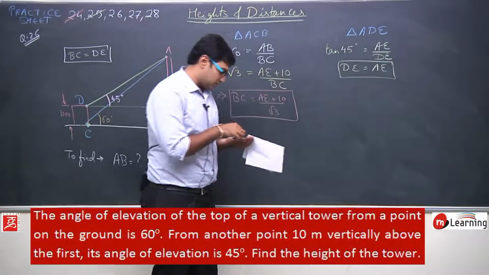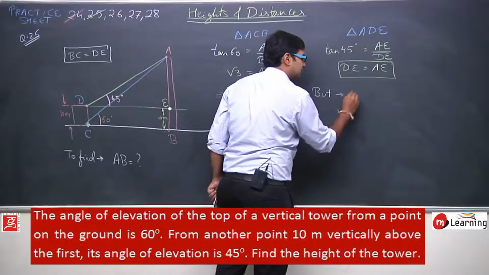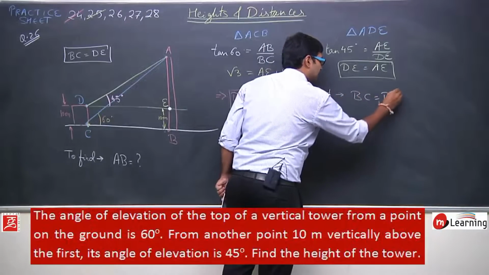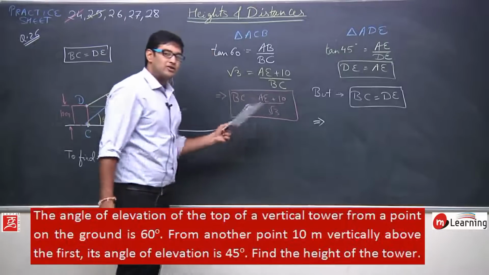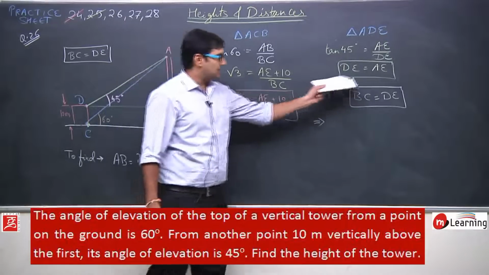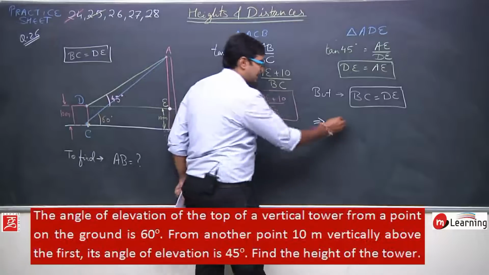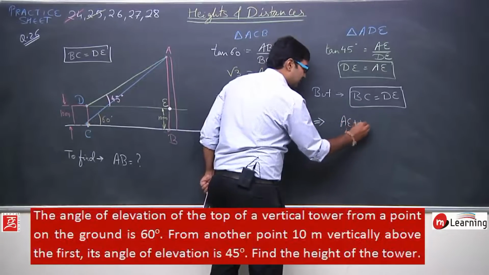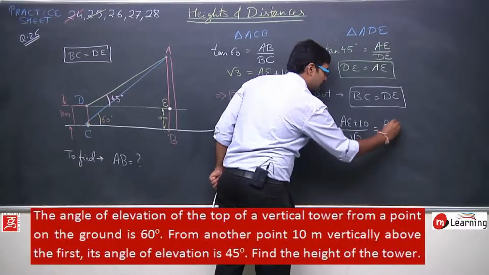But as I have written previously that BC and DE are equal, the value of BC from this equation and the value of DE from this equation are both equal. That's why I can write AE plus 10 upon root 3 equals AE.